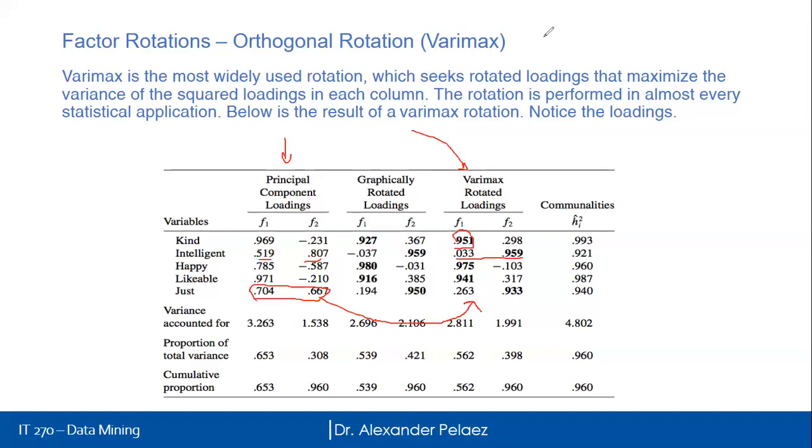I like going through the steps. I want to see what it is without the rotation. I'm not losing any information by doing it. What it does is it tells me how good the solution is without doing anything else, okay? If you don't have to do a rotation, it means those items are so highly related to each other that it becomes very evident. And I like to know why, that's what I do.